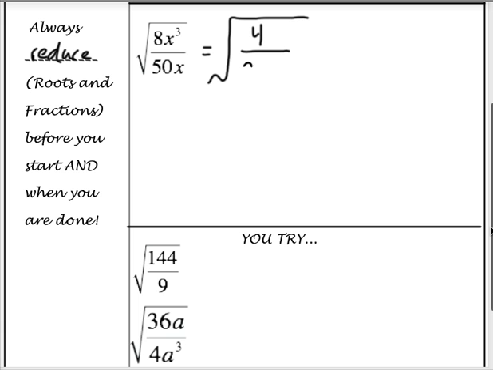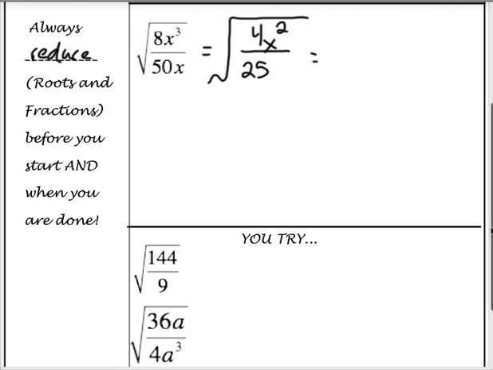So I'm going to get 4 over 25. X cubed divided by x. So I'm starting with an x cubed and I'm taking away an x to the first. So 3 minus 1 will leave me an x squared on top. So now that we have that, we're done reducing our fraction.